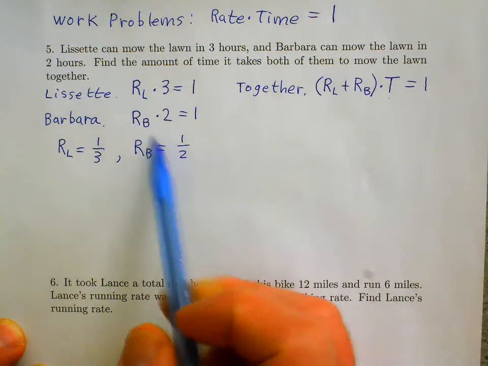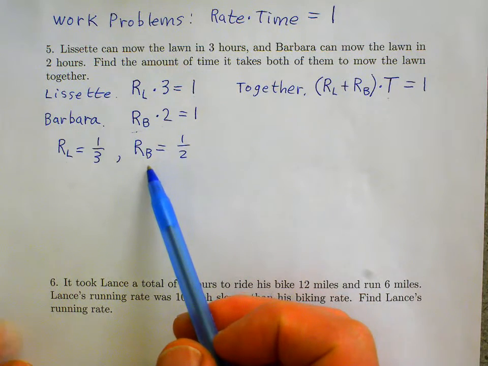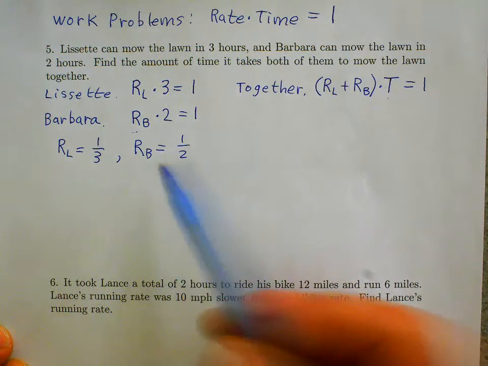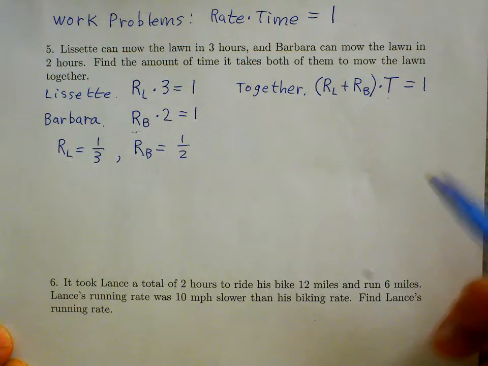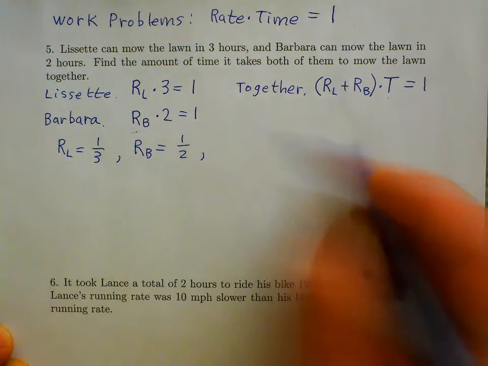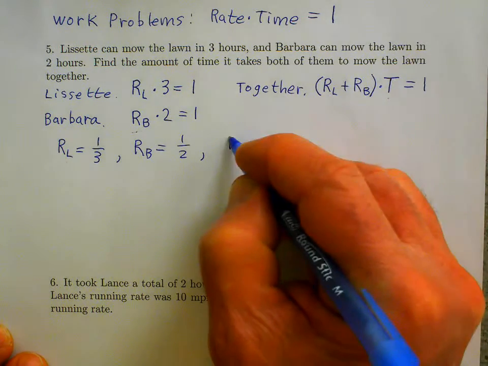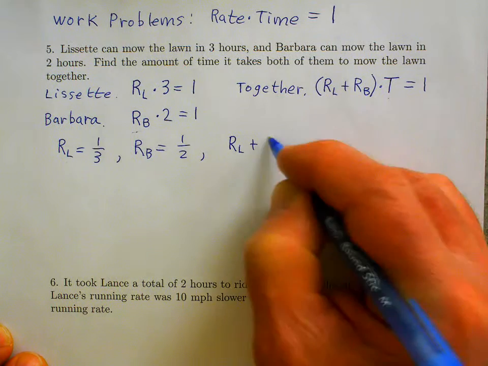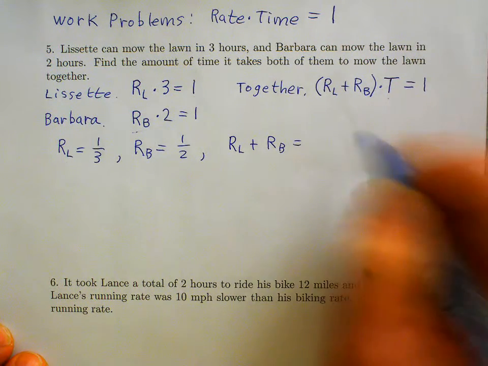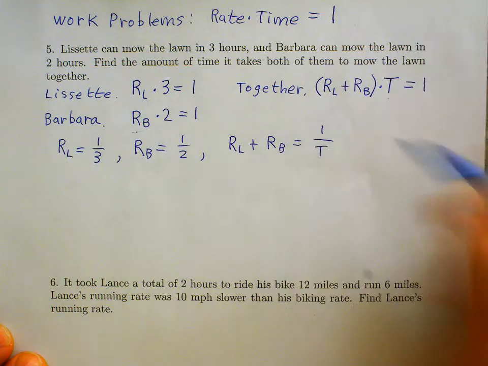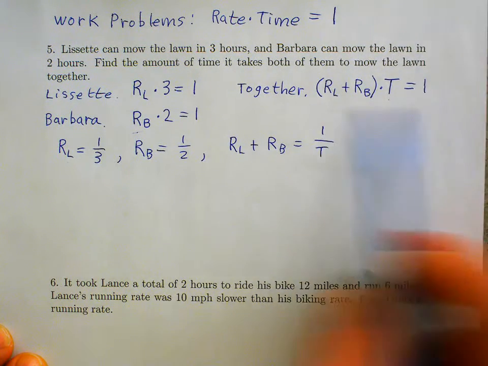We divided both sides of that equation by 2. That means that she can mow 1/2 of the lawn per hour. And then the rate when they work together, Lizette's rate plus Barbara's rate equals 1/T. We divided both sides of this equation by capital T.